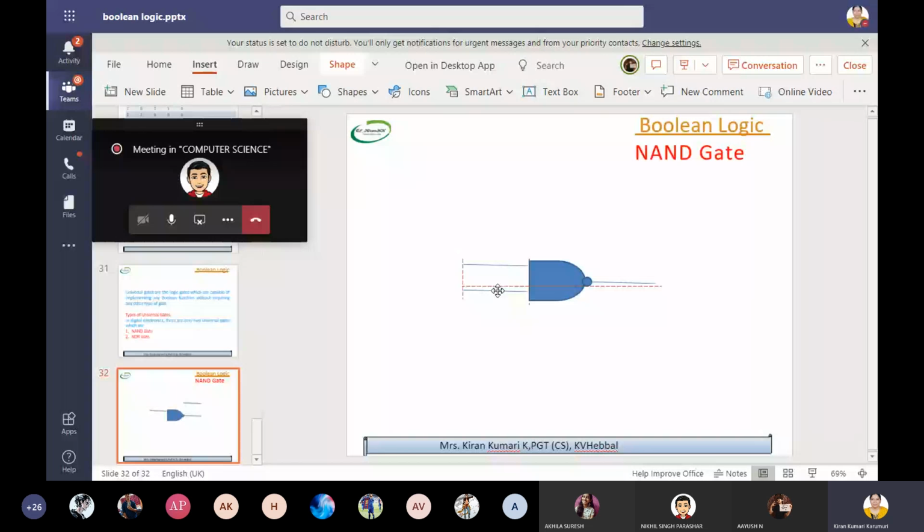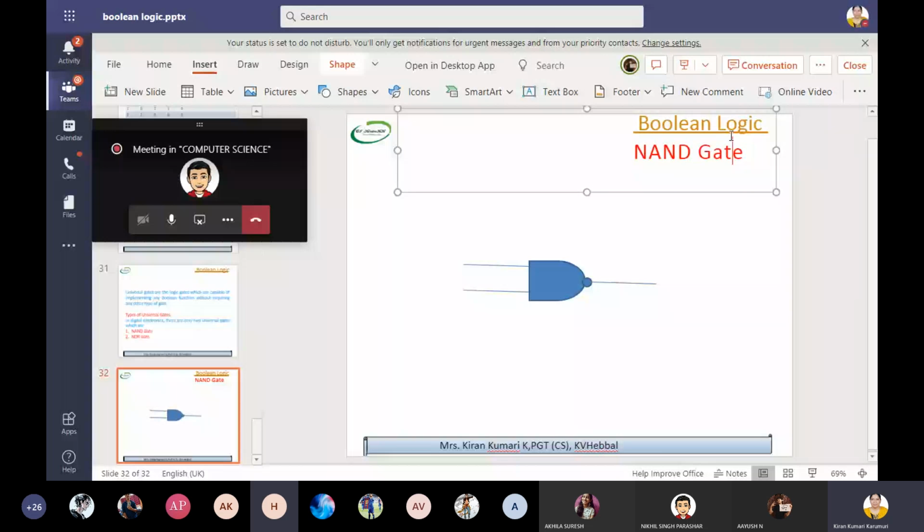So if my input is A, I should get A dash. What should come in NOT? Tell me. In the NOT operation, that is negation, right? Yes, ma'am.